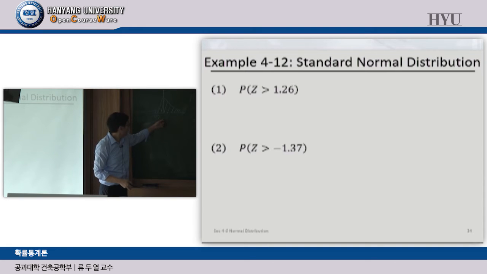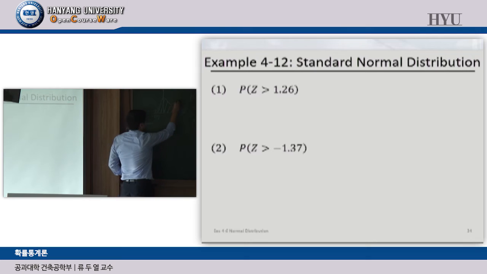Since this is the standard normal distribution case, the center point mu is equal to 0 and the variance is equal to 1.